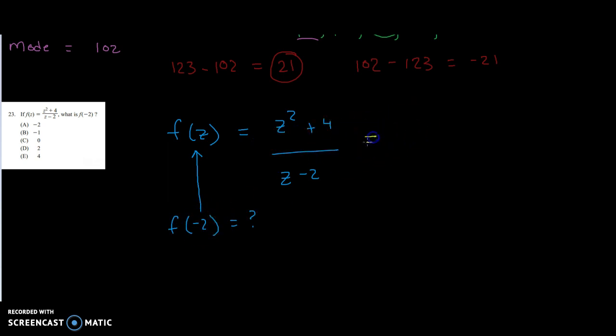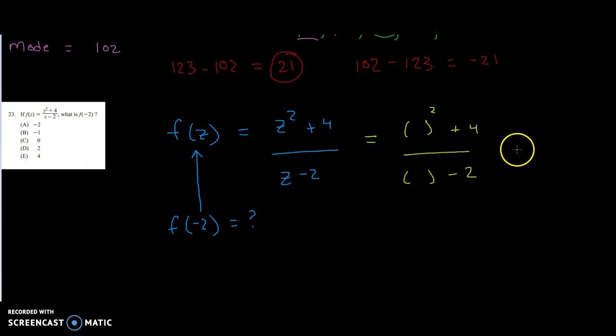So I'm going to rewrite this initial equation right here. I'm going to put parentheses. So we have the parentheses z squared plus 4 over the parentheses z, minus 2.